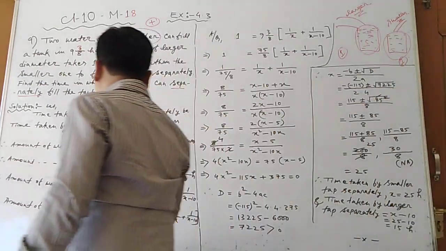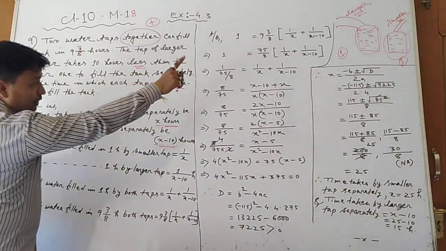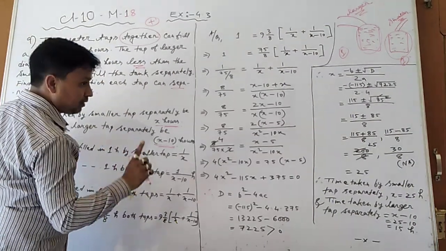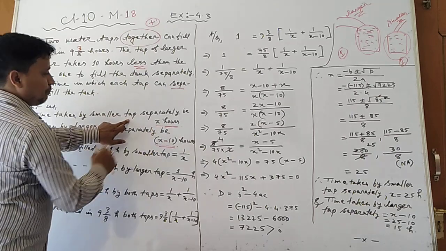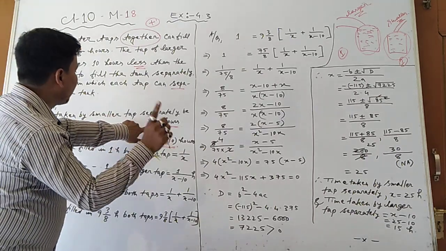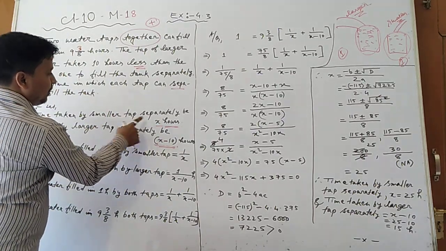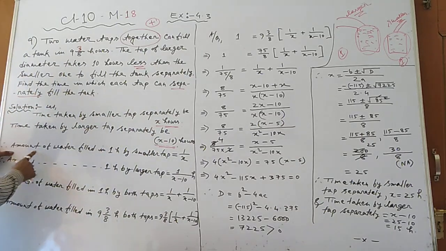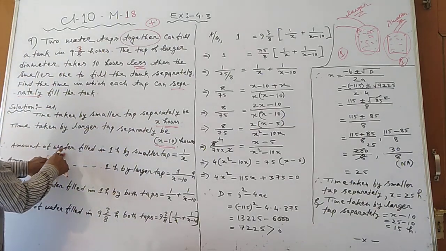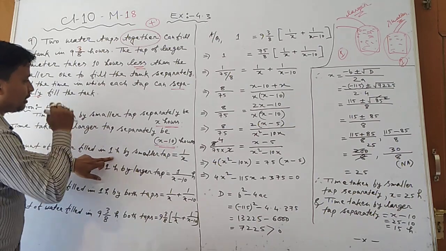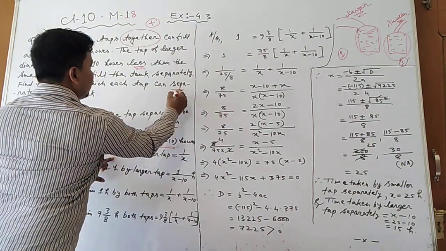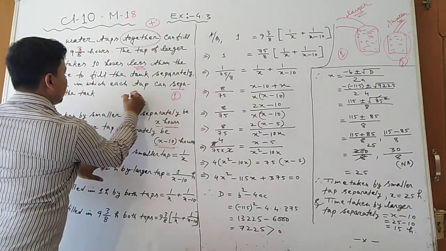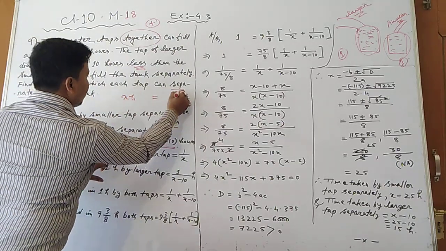Now, here you see a full tank fills up, that means one work done in x hours time by the smaller tap. One work done by the smaller tap in x hours time. So the amount of work done, the amount of water filled in 1 hour time. In x hours, one work done.